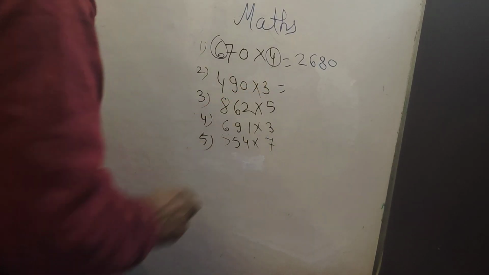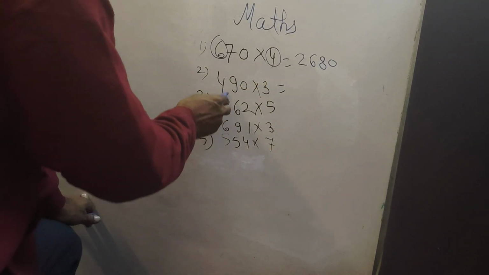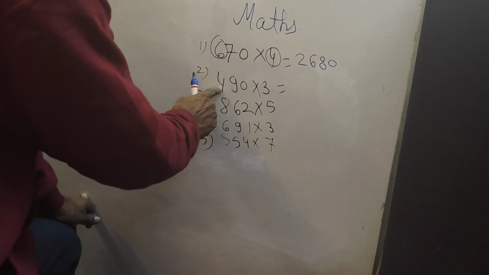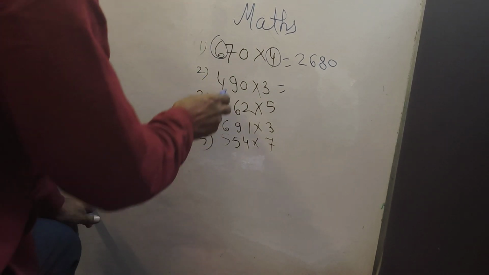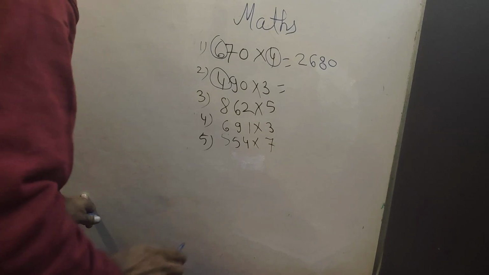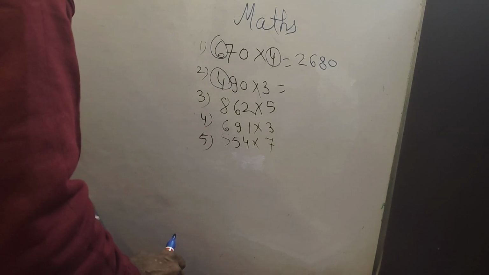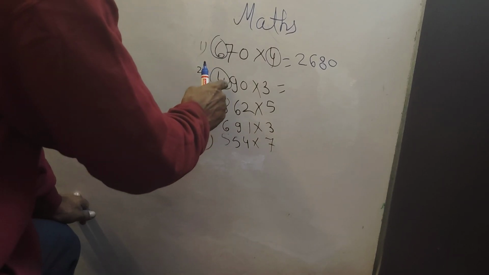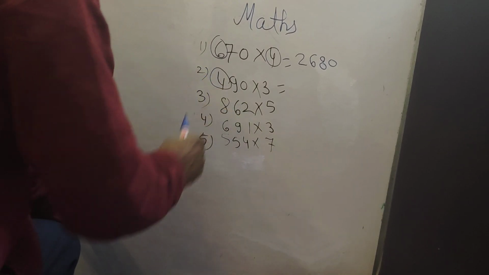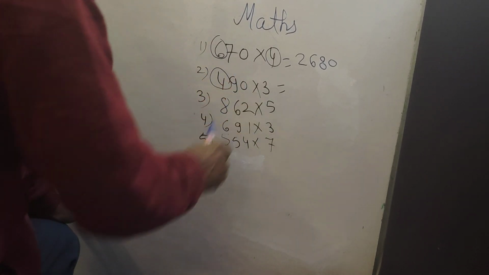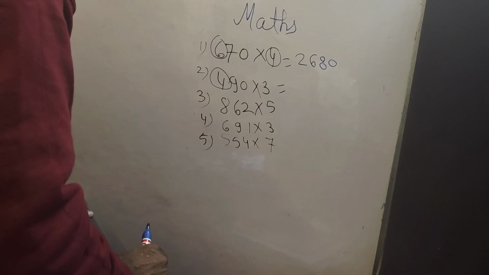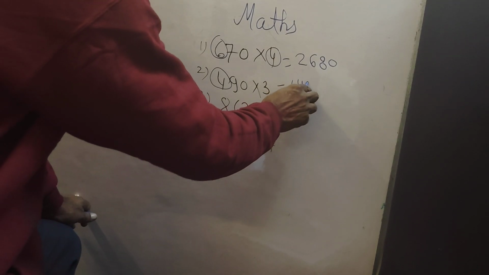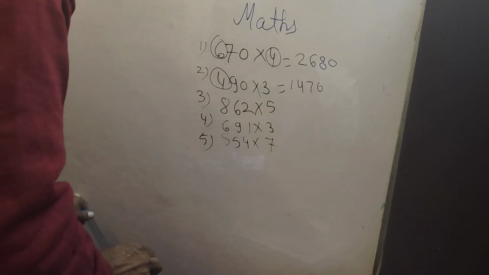Now come to the second. Now there is again 0 in the ones place. It's very easy now. Now 400. 4's place value is 400. So 400 into 3. 4 threes are 12. So 1200. 400 into 3 is 1200. 1200 put in mind. This 9 has place value 90. 90 multiply 3 is 270. 270 plus 1200 is 1470.